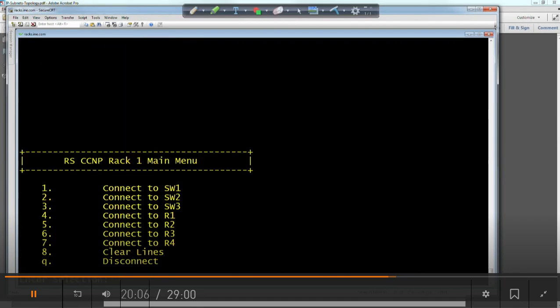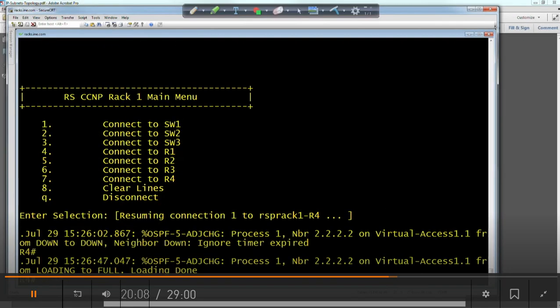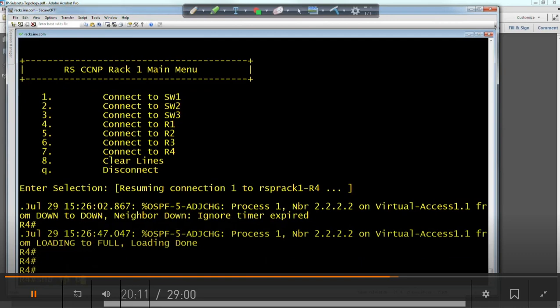All right, router 4. Show IP OSPF neighbor. Now before I hit the enter key here, how many OSPF neighbors do you think router 4 should have?